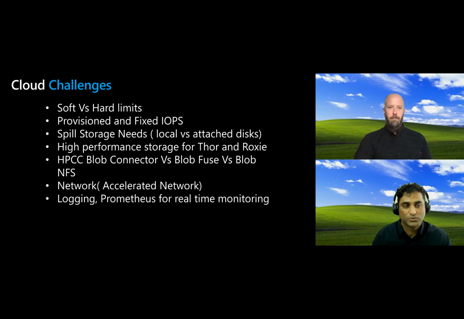So you have to think through that as well. HPCC Blob versus BlobFuse versus Blob NFS: if you are using object storage for that matter, you have many options to get to that storage account or storage service.